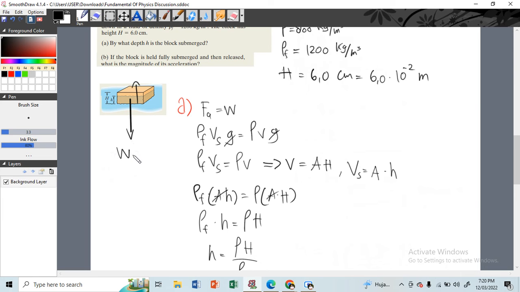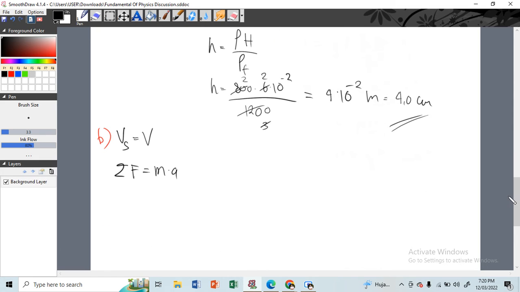Of course, there is the weight force or the gravitational force from this block, and then we have the buoyancy or the Archimedes force. Let's assume if the force goes upward, it's positive, and if going downward, it's negative.